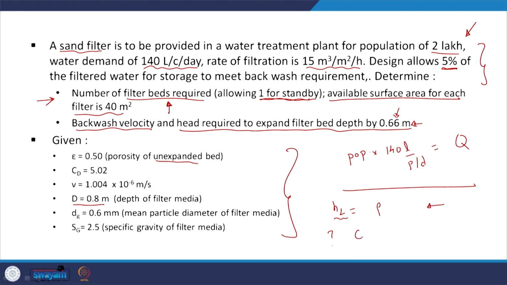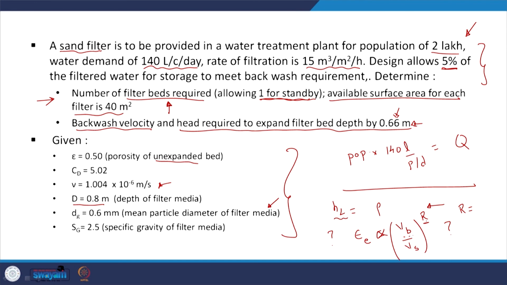For this, we have formulas that give the relationship between porosity of the expanded bed and the ratio of backwash velocity to Stokes velocity, or the inverse of it, raised to some function of Reynolds number. It is not exactly this, but something like this if I am not wrong. From this you can calculate the backwash velocity. But what do we need for that? We need the Reynolds number. For the Reynolds number we have the relevant info: the kinematic viscosity and the diameter, so we should be able to get that done more or less.